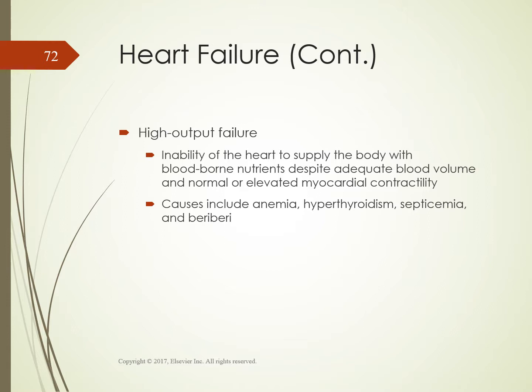High output failure is the inability of the heart to supply the body with blood-borne nutrients despite adequate blood volume and normal or elevated myocardial contractility. Causes include anemia, hyperthyroidism, septicemia, and beriberi.